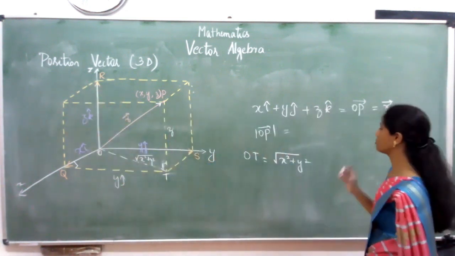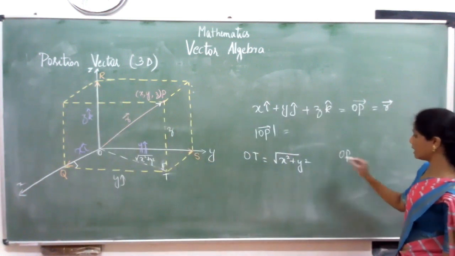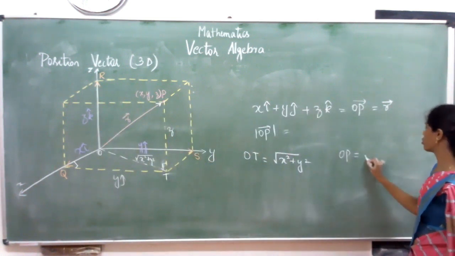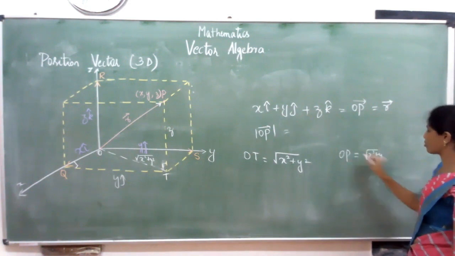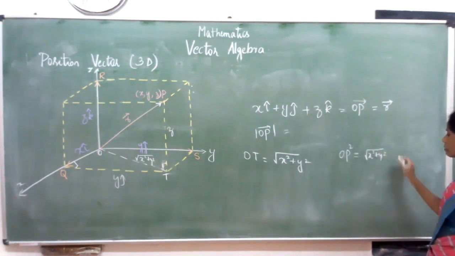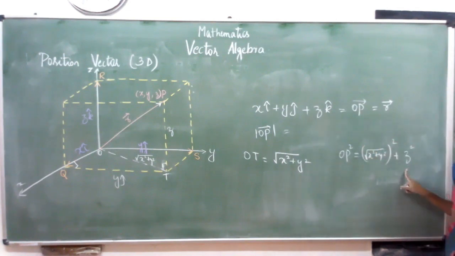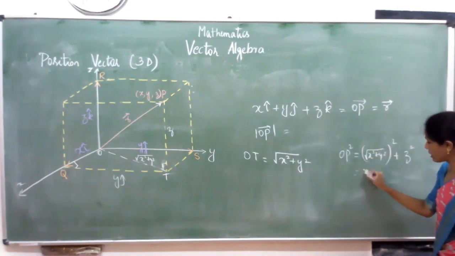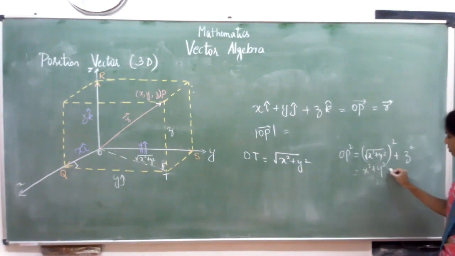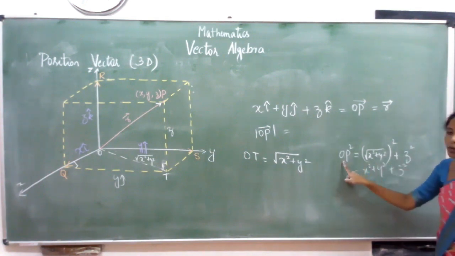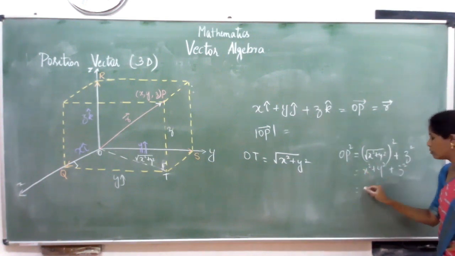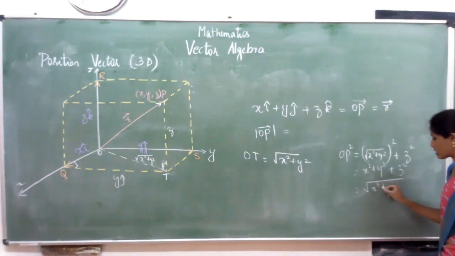If we apply the Pythagoras theorem, OP will be equal to root of the whole square of root of x square plus y square, plus z square. When we simplify, OP is equal to root of x square plus y square plus z square.